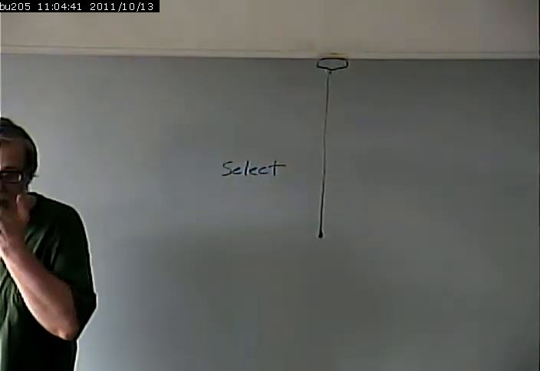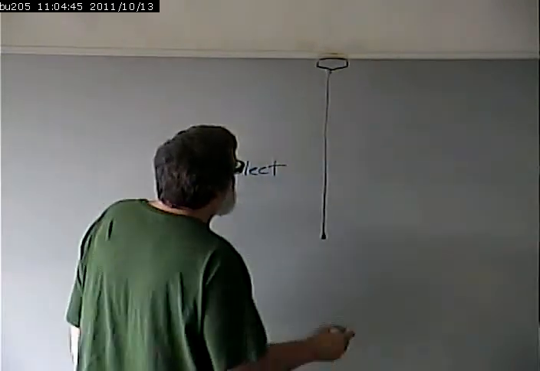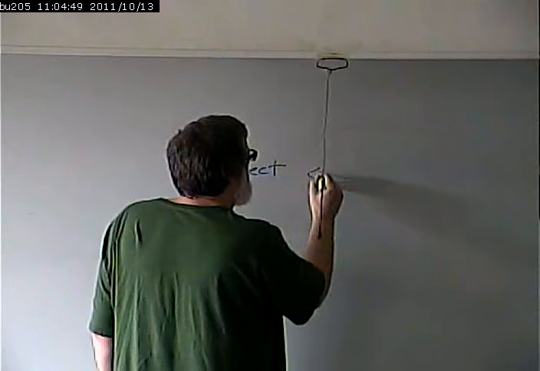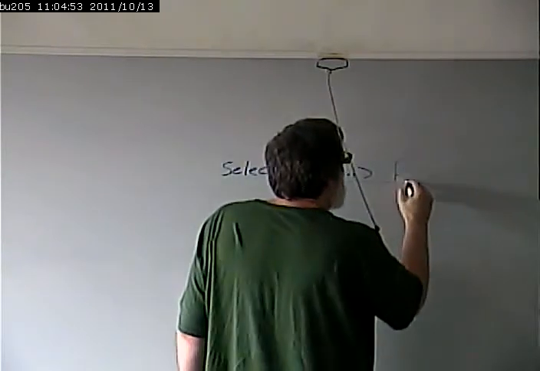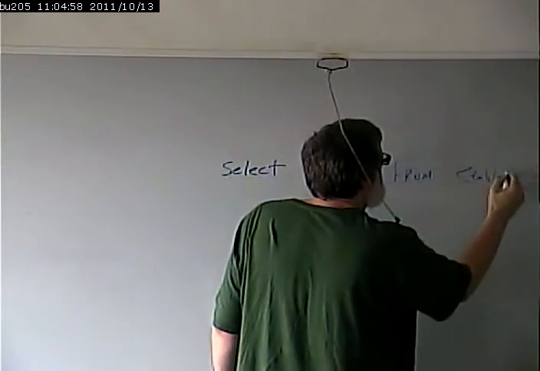In its simplest form, it would look something like this. Select a list of columns from the name of a table.